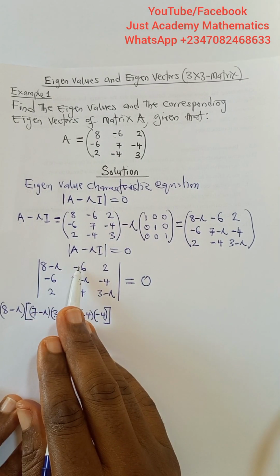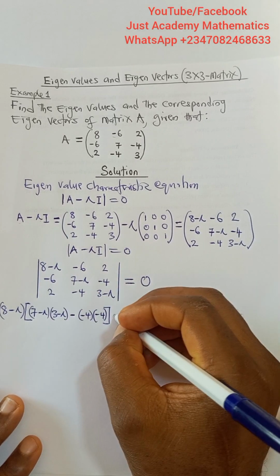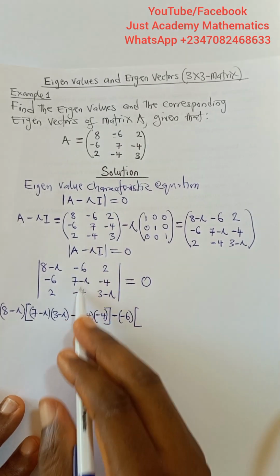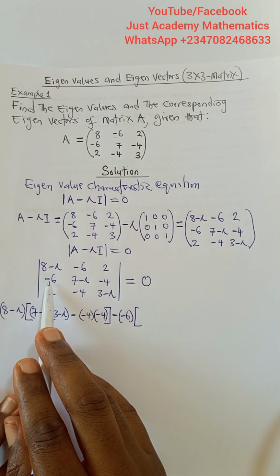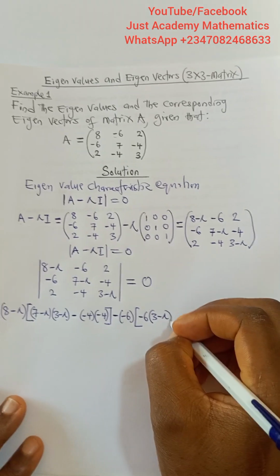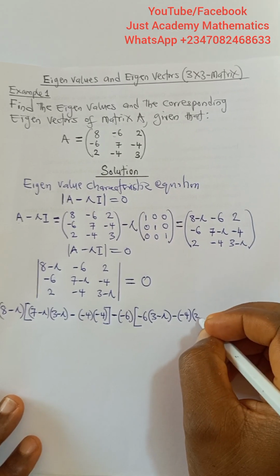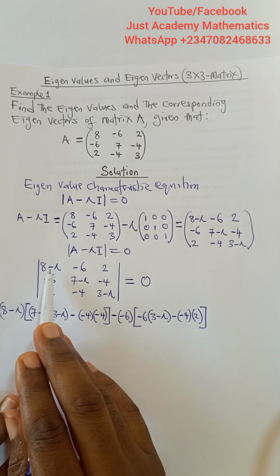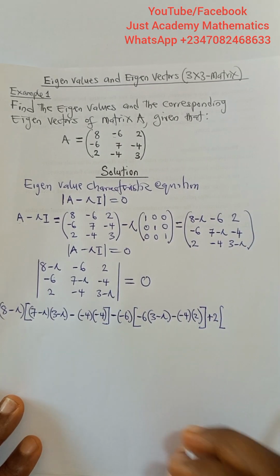Then we go for plus, minus, plus. So we're going to have minus 6, then open bracket, the determinant of this set, which is minus 6 times 3 minus lambda, then minus 4 times 2. Then finally plus 2.